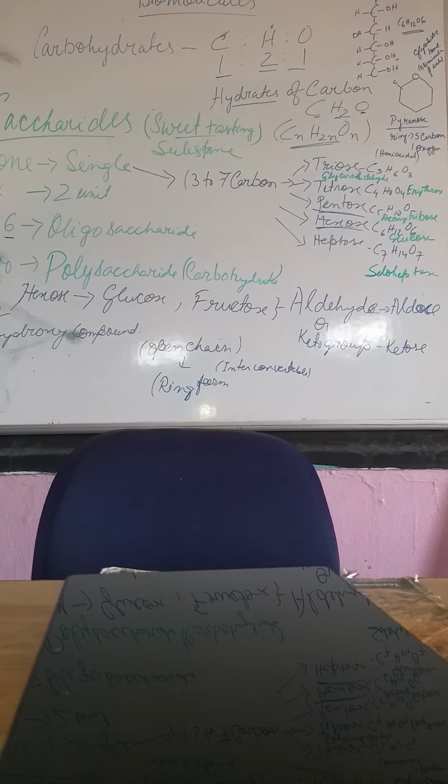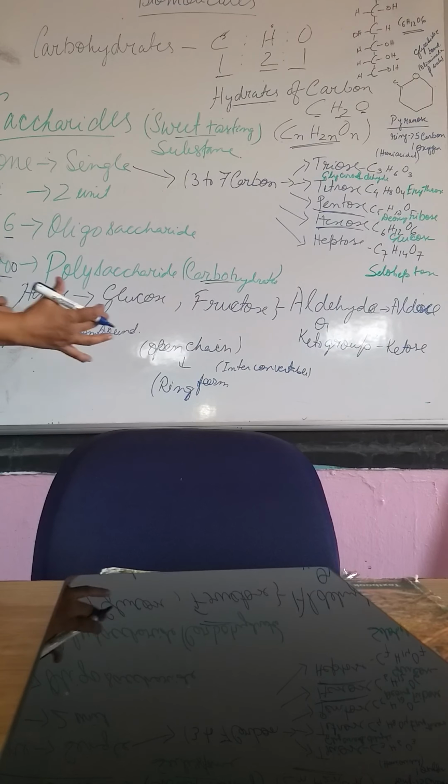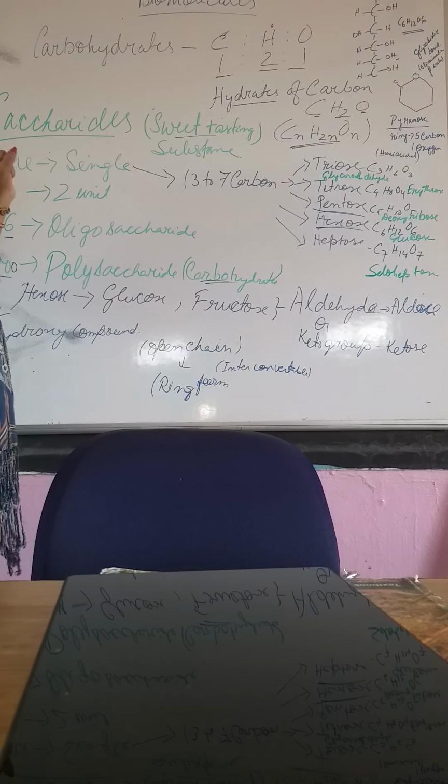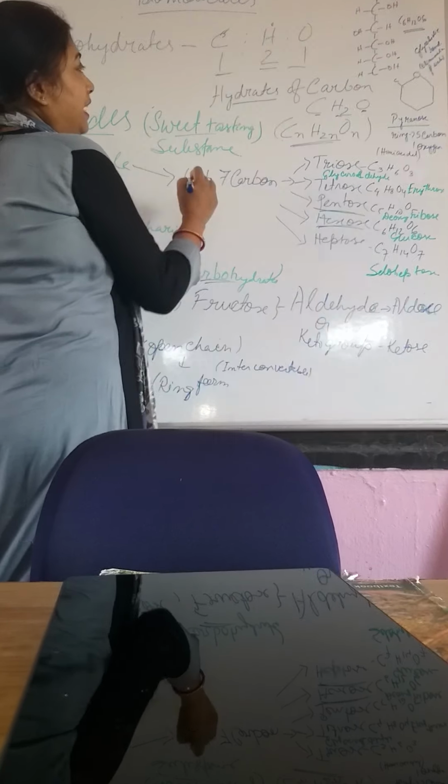And if they have a more complex structure, for example 100 to 1000 molecules, then we call it a polysaccharide, a very complex form.